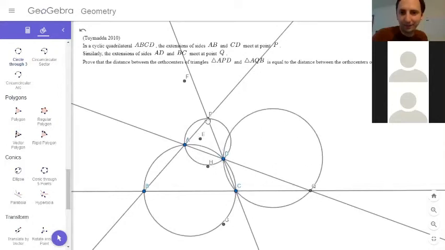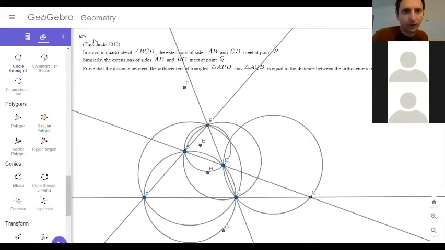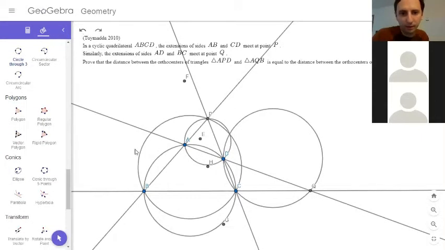We have lots of Miquel circles here that all meet at P. Where's my last one? PAC, I think, is the last. Oh, I'm sorry, ABQ. Oh, yeah, ABQ. Sorry.